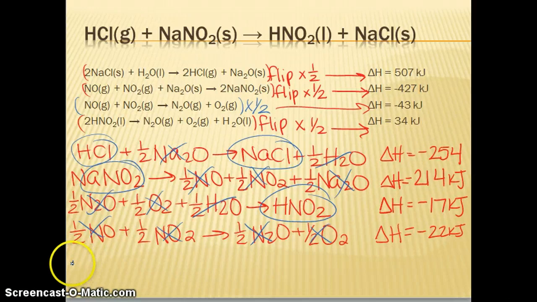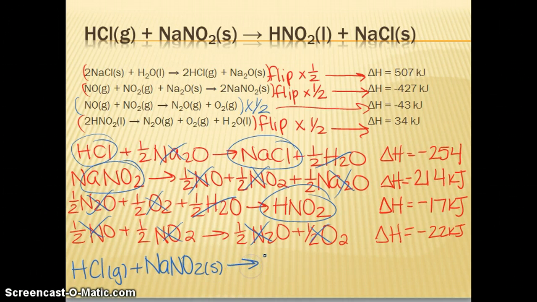So now I'm ready to rewrite my equation one final time. Okay, and again, we make sure that that matches up with what we were given before, and it does, so we know we did it correctly.